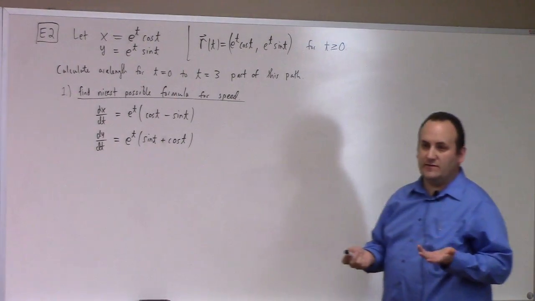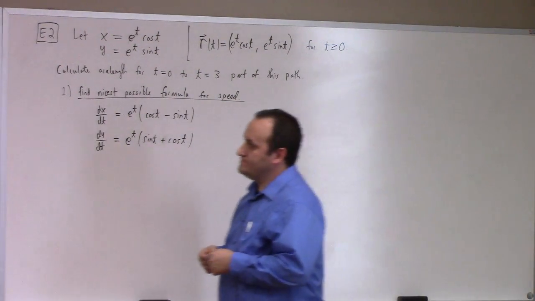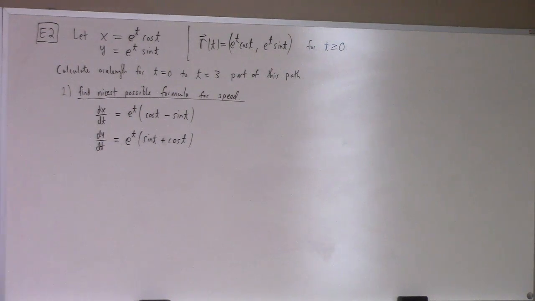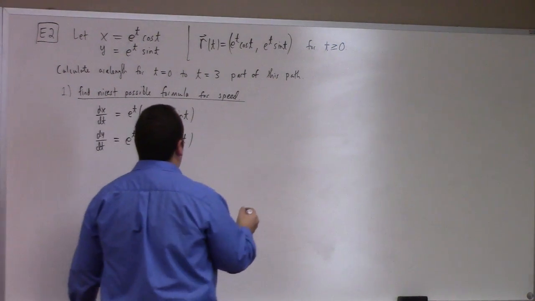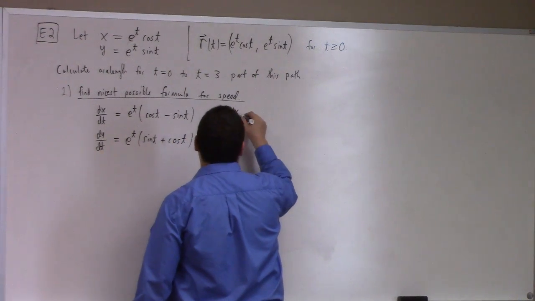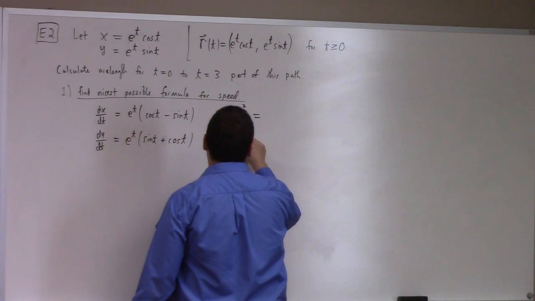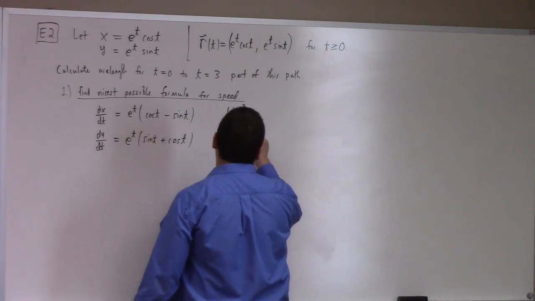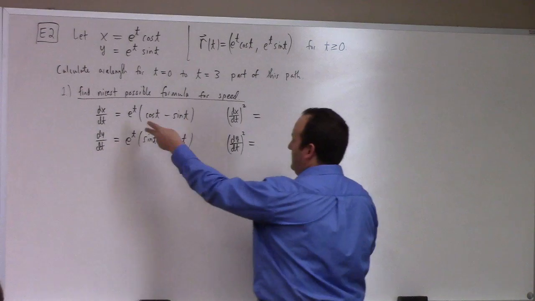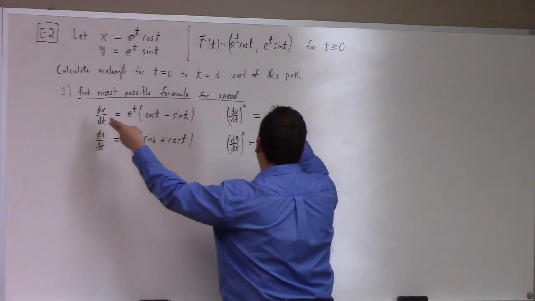Okay, so to calculate the speed, what are we looking for? Remember, speed is this quantity right here. So I need to calculate dx/dt squared plus dy/dt squared and then take the square root. So what's dx/dt squared? What's dy/dt squared? When I square that, I get e to the 2t, right?